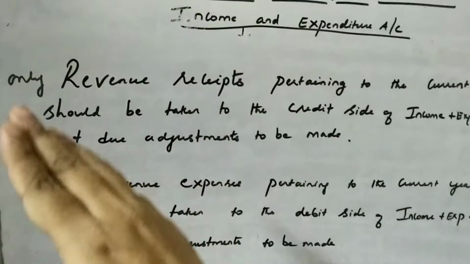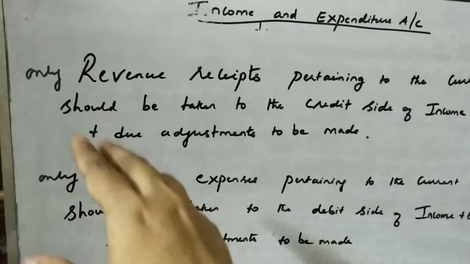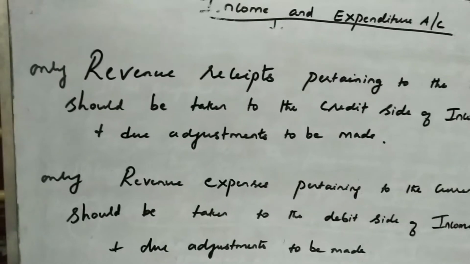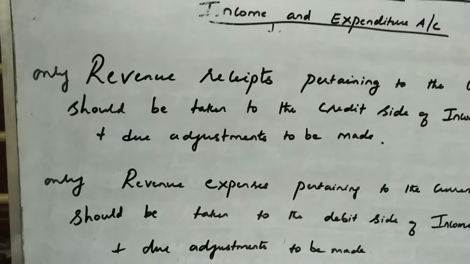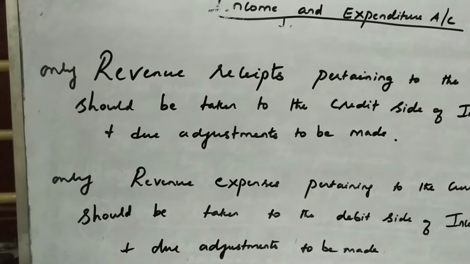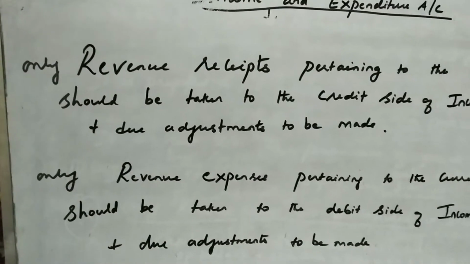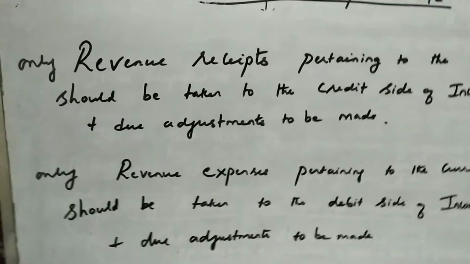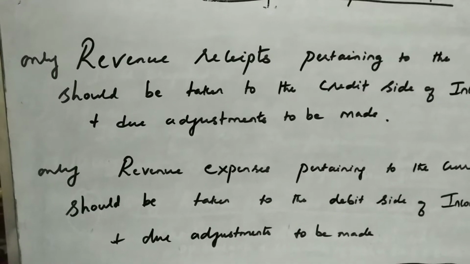On the debit side you will be having expenses, credit side you will have the income. So all these revenue receipts which are pertaining to the current year should be taken to the credit side of income and expenditure account.